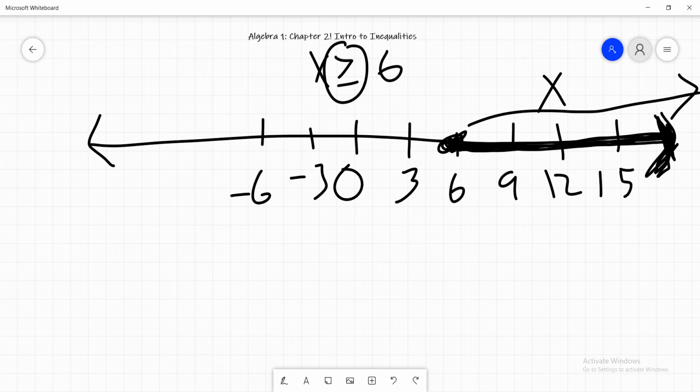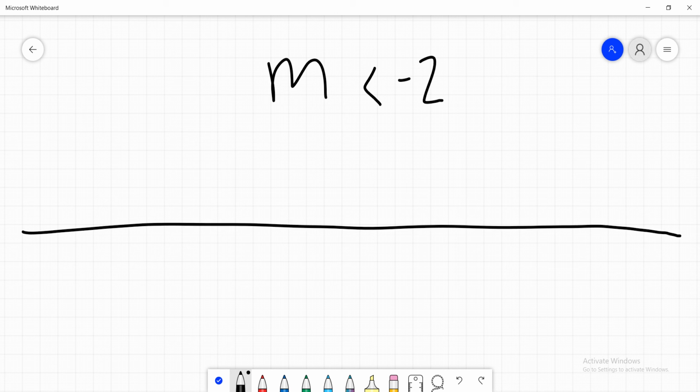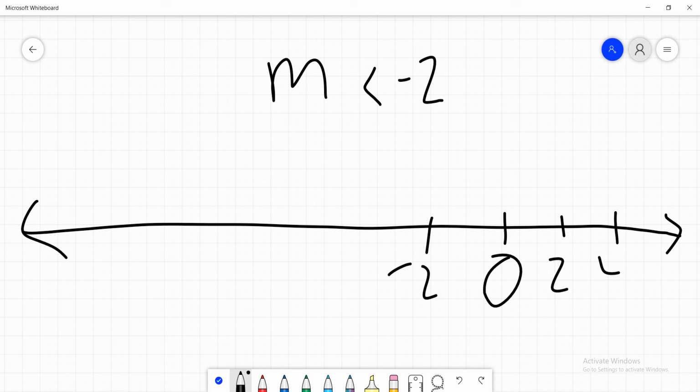Now let's look at a case where I have a different variable for fun. m is less than -2. This is the exact same concept. I would just draw my number line, and for convenience, I'm going to put 0 farther over here, and then -2 over here, and this graph is going to increase in increments of 2.